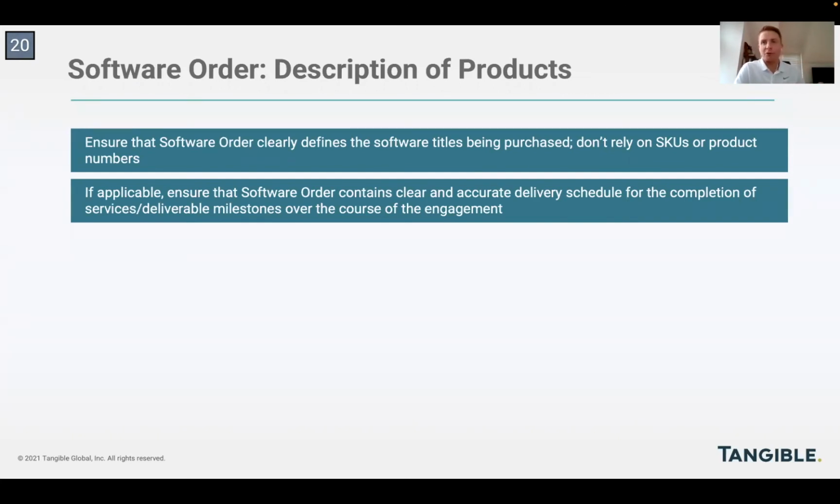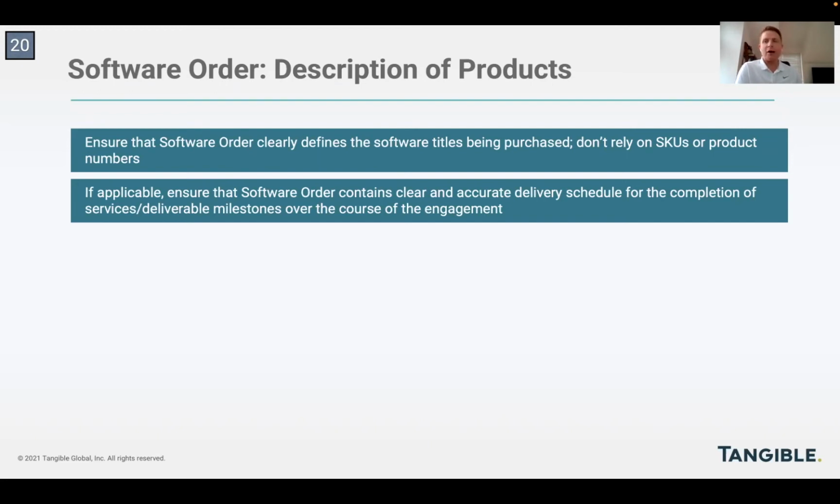When reviewing a software order, you should first ensure that the order form contains a detailed, adequate and plain language description of whatever software products are being purchased under that order.